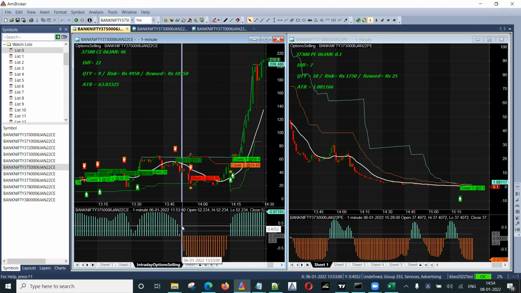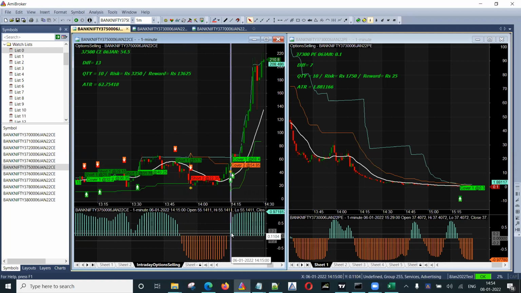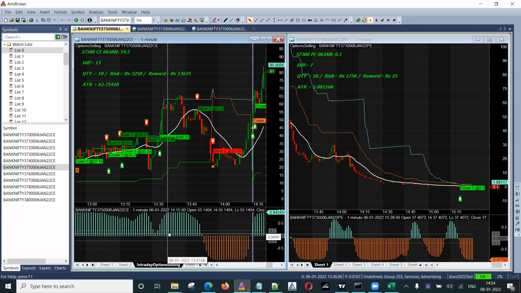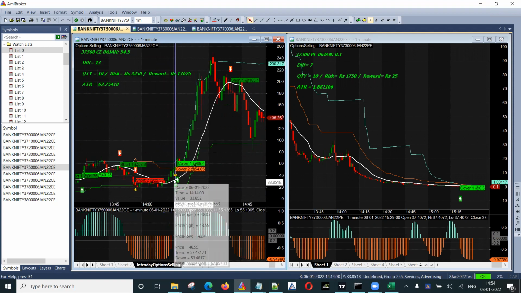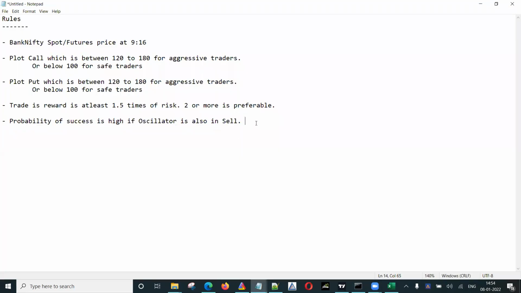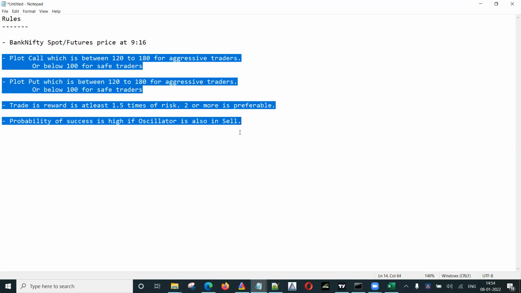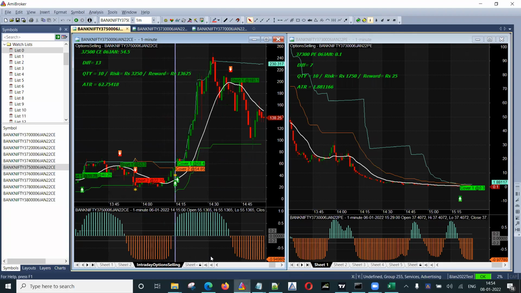This oscillator that we have created will be on the chart. It is back tested and checked properly from the performance perspective, and that's the reason why we decided to put this oscillator. So now, let's go to the chart and check these rules and see how the trades pan out.